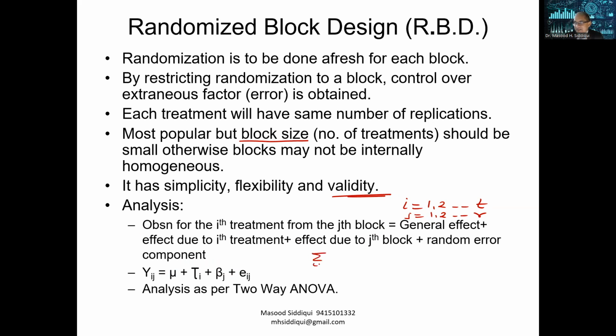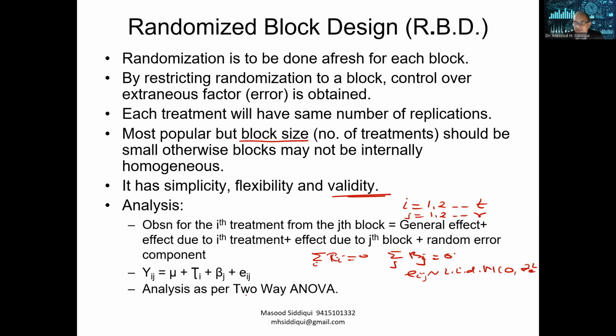Here, summation of tau i equals 0, and summation of Bj is also 0. And this Eij is identically and independently distributed normal with zero mean and common variance. So this is the layout that we use.